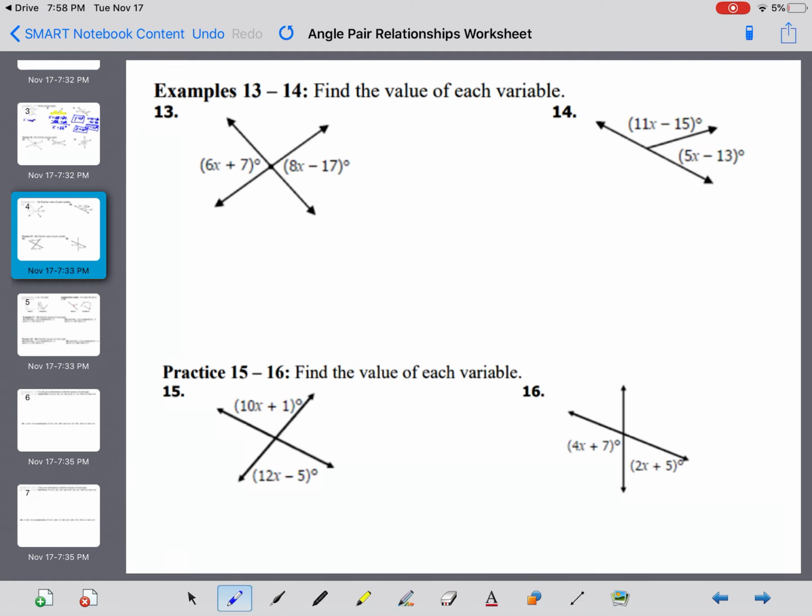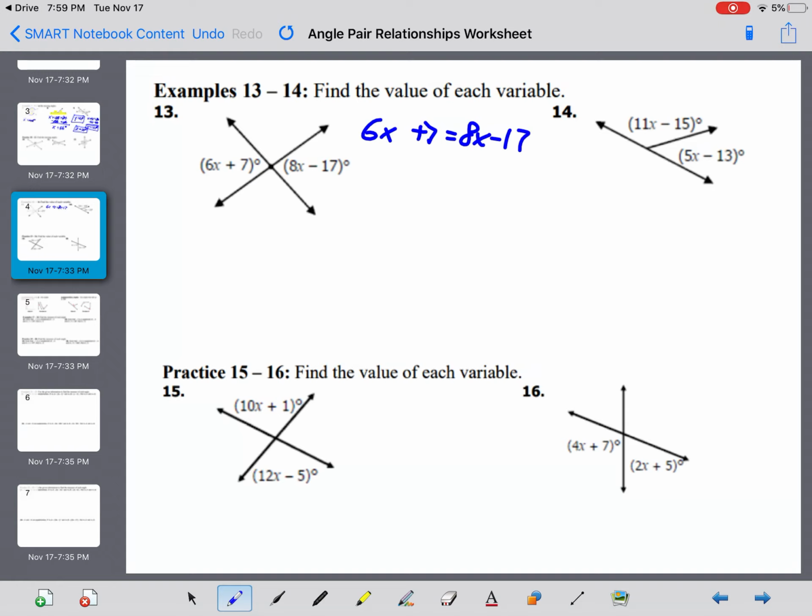Okay, 13 and 14, again, we have pairs of vertical angles. Here are our vertical angles, which means we could set these two angles equal to each other. 6x plus 7 equals 8x minus 17.